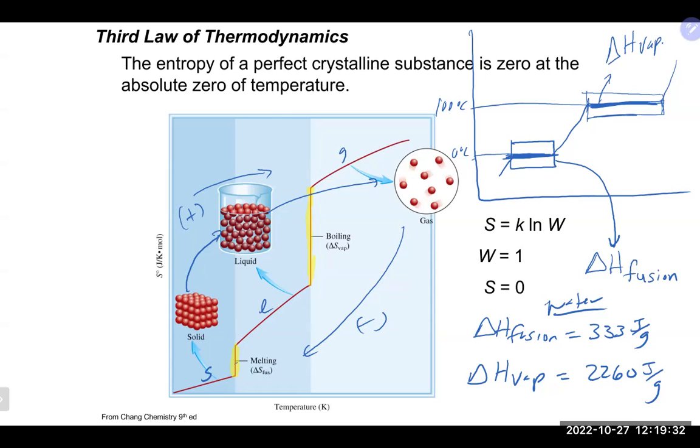We have for this transition the delta S of fusion, which is the entropy change that occurs as you do that phase transition. And over here, we have the delta S of vaporization, which is the entropy change that occurs at that transition. The number to do the transition back and forth is the same. The only difference is the sign is different, whether it's an exothermic process or an endothermic process.